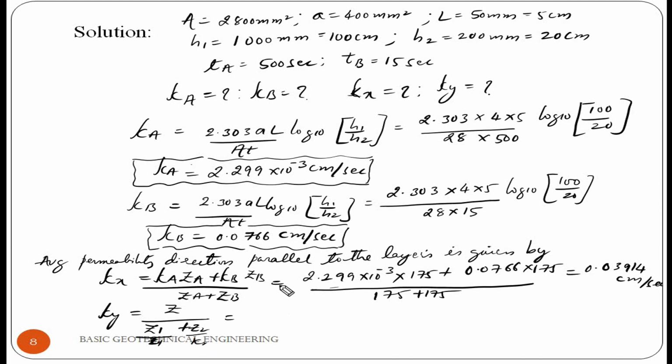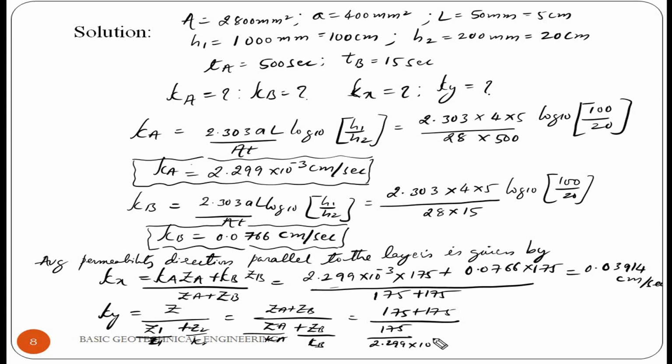It can be written as Za plus Zb divided by Za by Ka plus Zb by Kb, that is 175 plus 175 divided by 175 divided by 2.299 into 10 to the power of minus 3 plus 175 divided by 0.0766.